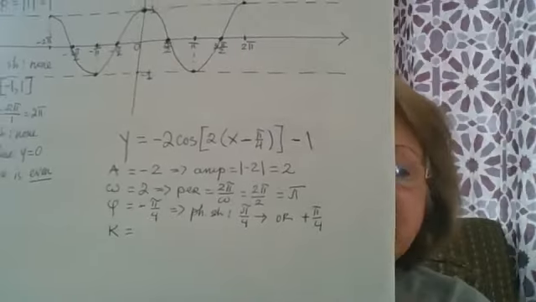Now, the last value is k. What is the k value? Negative 1. Write it down. It is affiliated with what kind of shift? Vertical shift.